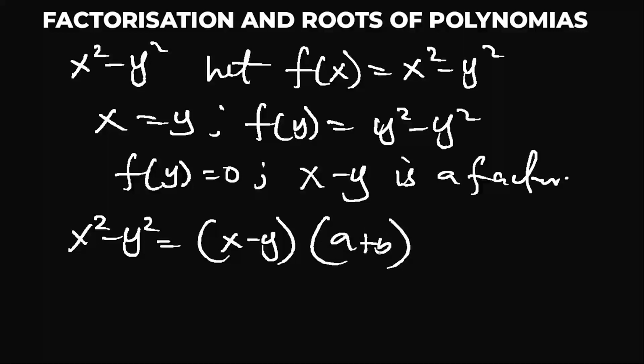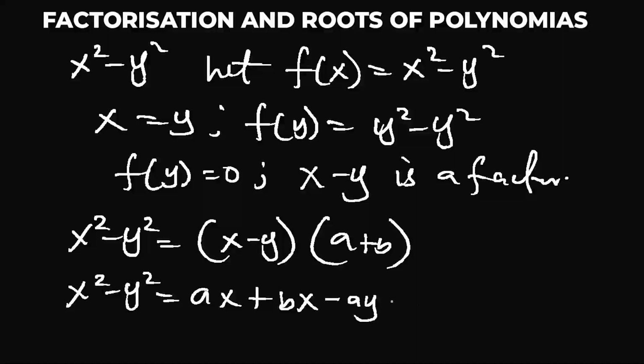By opening this bracket, we have x squared minus y squared equal to ax plus bx, and y times a will be minus ay, then this will be minus by. So if you have this, you compare the first term of this with the first term of this, and the last term of this with the last term of this.